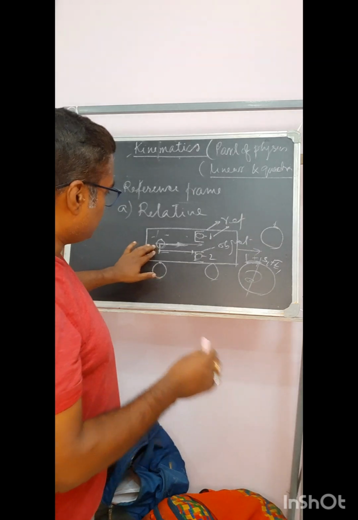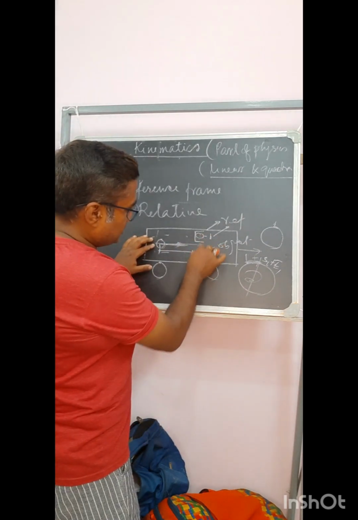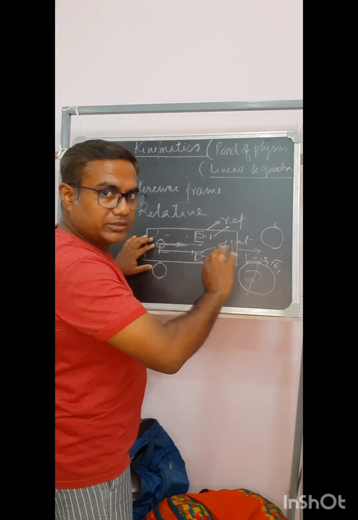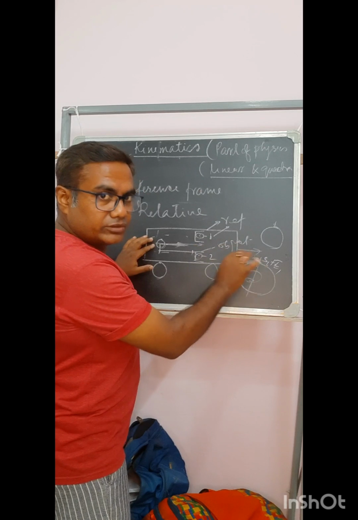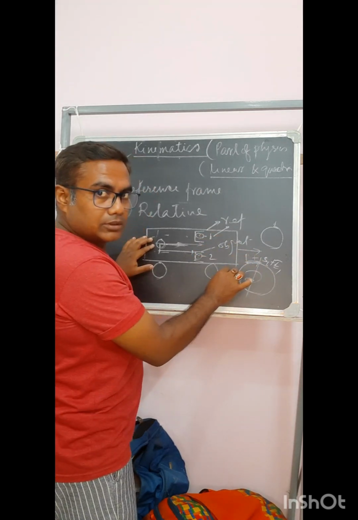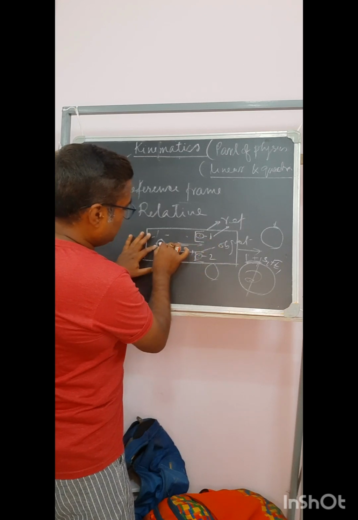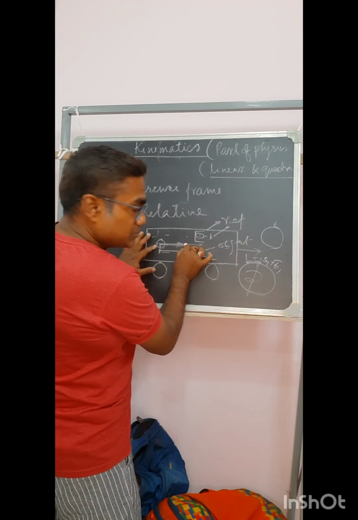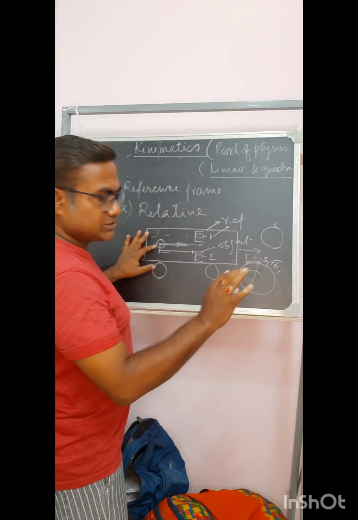relative motion. So if both are at rest, there is no relative motion between them. There is no relative position change between them; they are not changing their position. But if we see this person moving, that means relative to him, he is changing his place in the same reference frame.